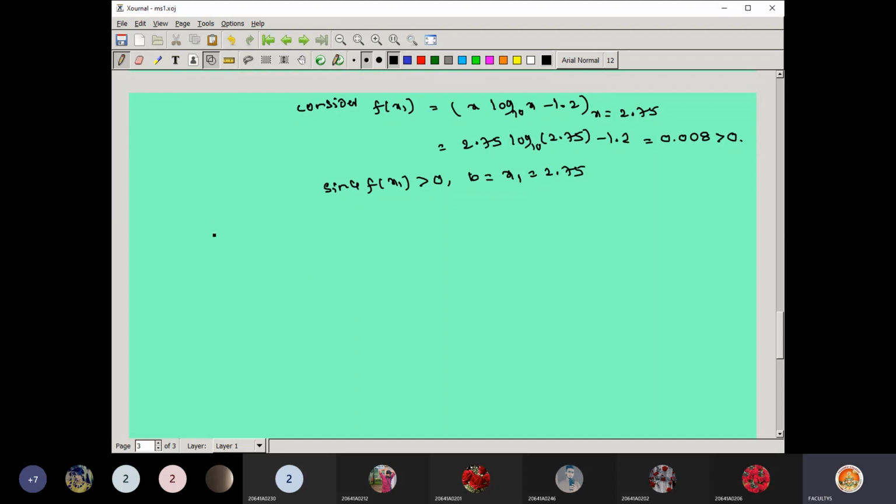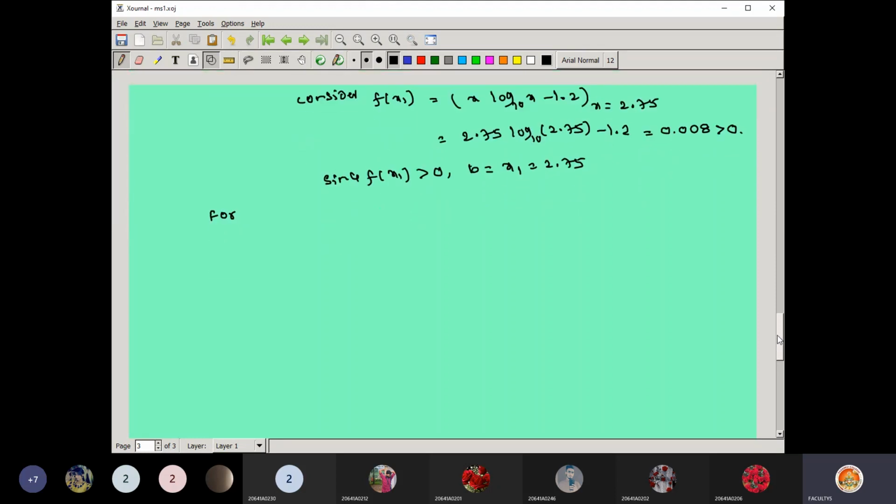So for n equal to 2, I think, because we have calculated only up to 1. So x2 is equal to a plus b divided by 2.